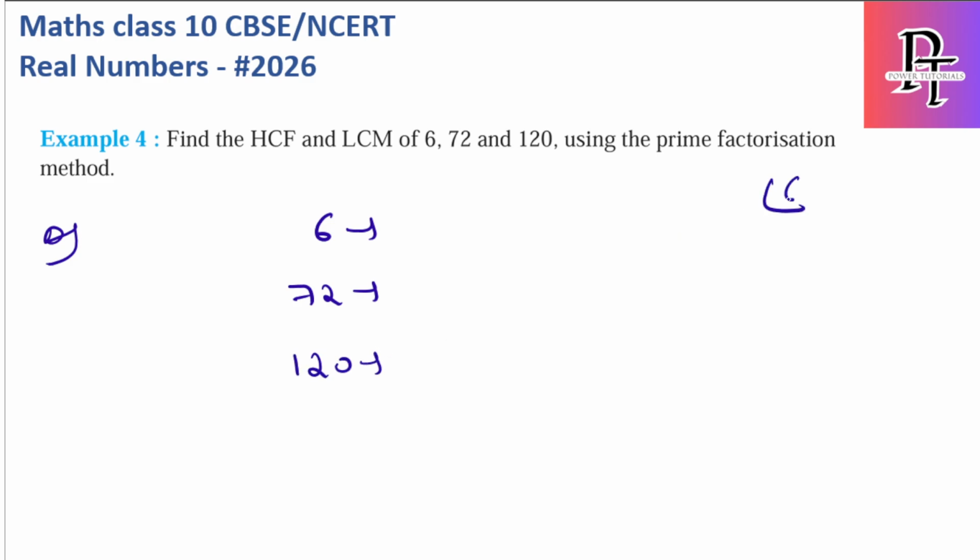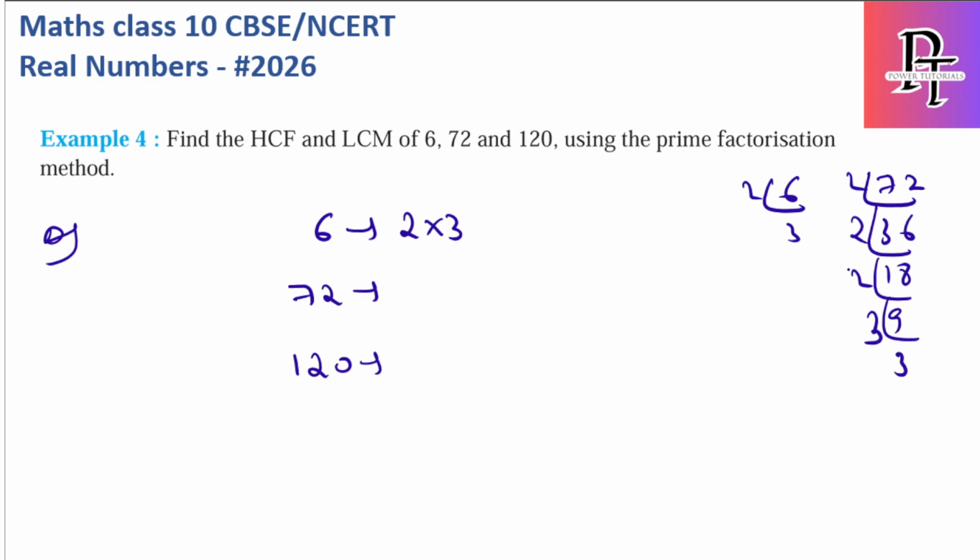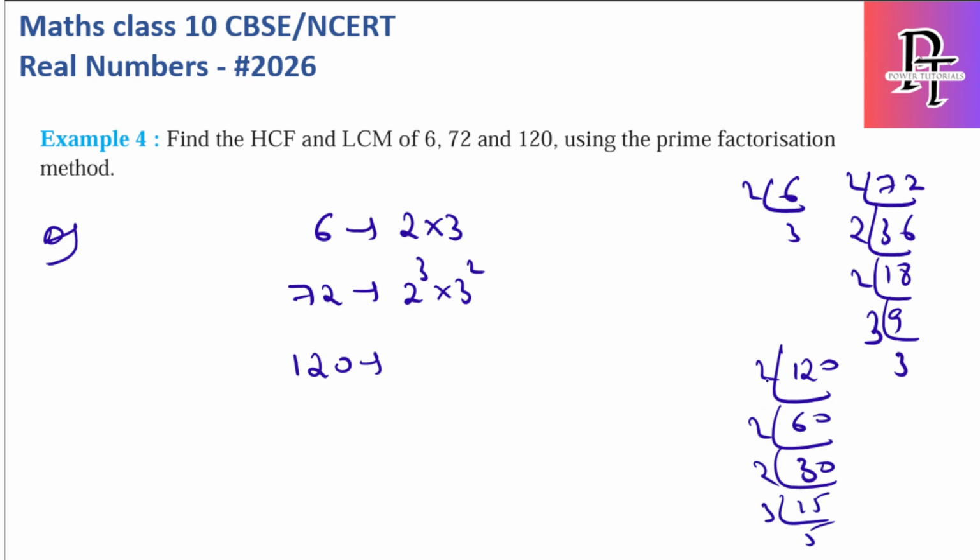So what are the prime factorizations? 6, we already know, is 2 into 3. 72, I can write as 2 36s, 2 18s, 2 9s and 3 3s, so 2 cube into 3 square. 120: 2 60s, 2 30s, 2 15s and 3 5s. It is 2 cube into 3 into 5.